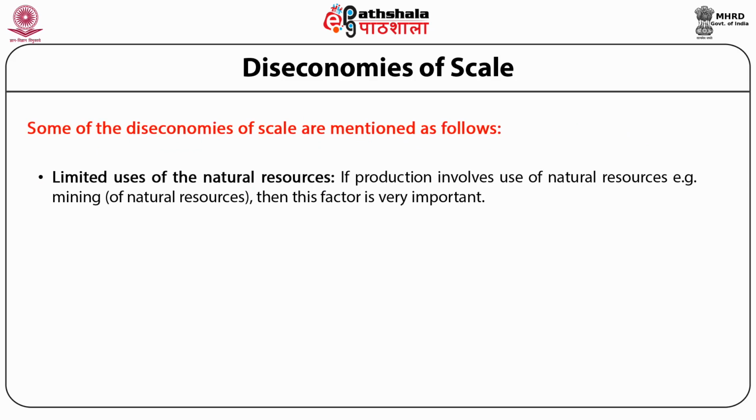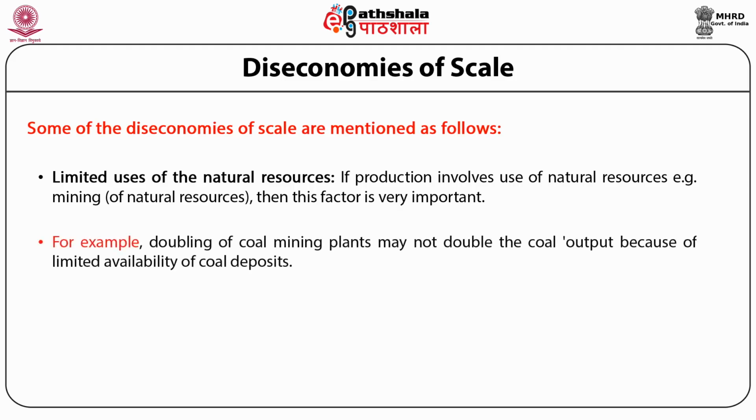If production involves use of natural resources, that is, mining of natural resources, then this factor is very important. For example, doubling of coal mining plants may not double the coal output because of limited availability of coal deposits.